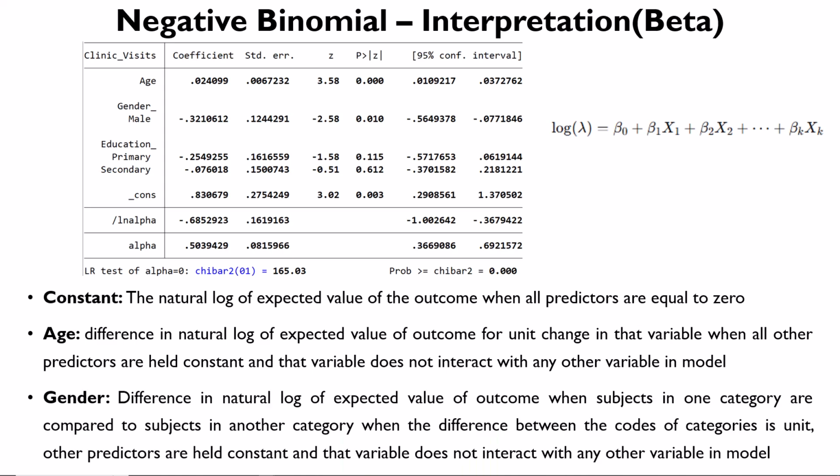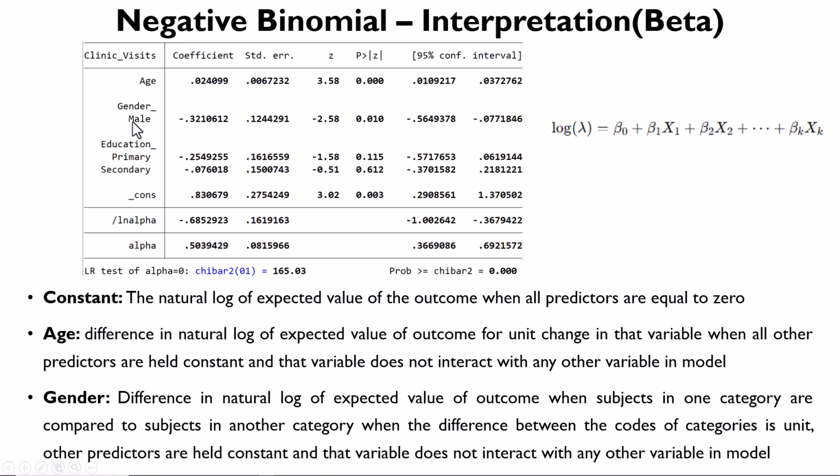For a categorical variable like gender, you can see it is also statistically significant. So this value is the difference in the natural log of the expected value of outcome, in this case clinic visits, when subjects in one category are compared to subjects in another category.